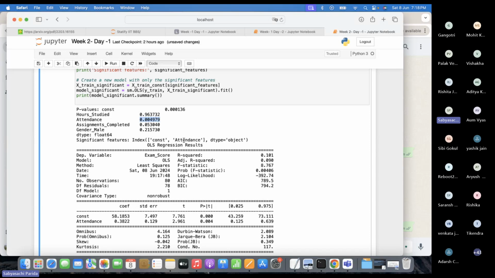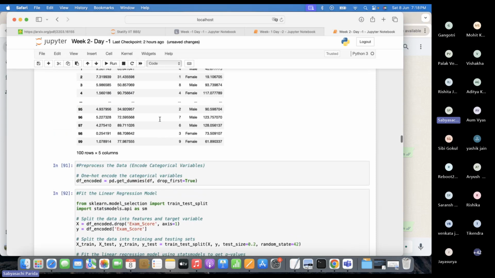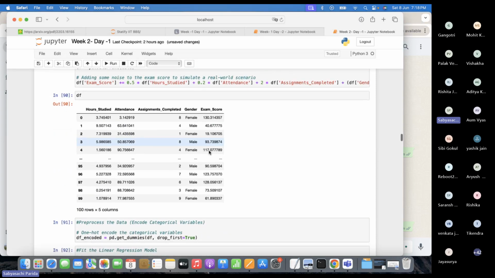So because it is coming as less than that, I can use this constant and the attendance for my model and discard the other features from the model building, and with these two features only I can say what would be my output, the exam score for a particular student.